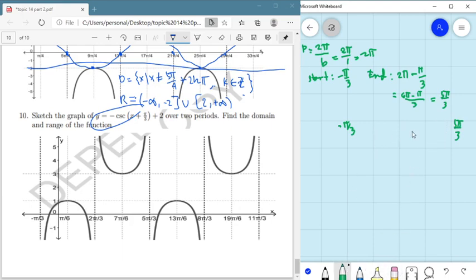Between them, you have 4 pi over 3 times 1/2, it's 2 pi over 3. Then, we have pi over 3 times 1/2, it's pi over 6. Then, we have 7 pi over 3 times 1/2, it's 7 pi over 6.